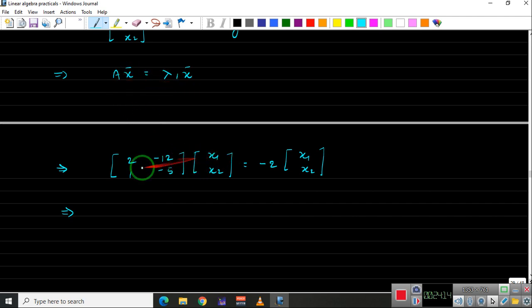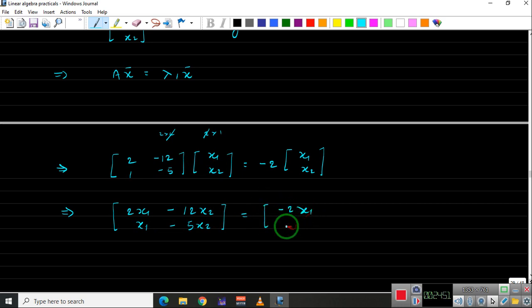Now we multiply this. This is a 2 by 2 matrix and this is a 2 by 1 matrix, so the resultant is a 2 by 1 matrix: 2x1 minus 12x2 in the first row, and x1 minus 5x2 in the second row, equal to minus 2x1 and minus 2x2.